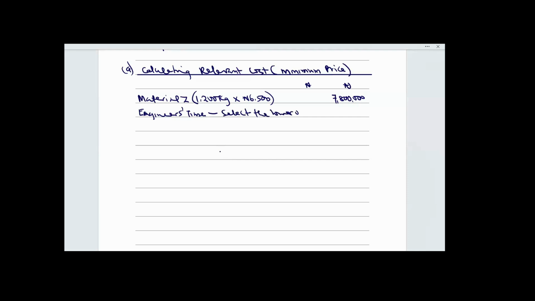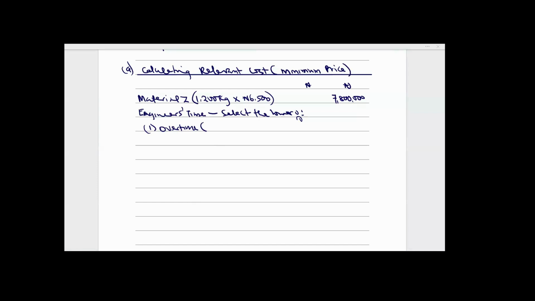the lower of number 1, overtime. How many hours does the engineer want to spend on the contract? We are told 90 hours. At what price?